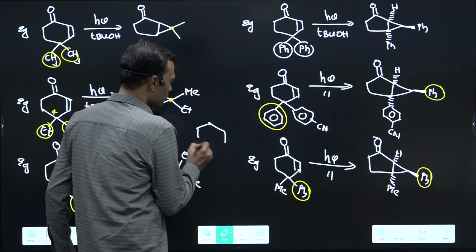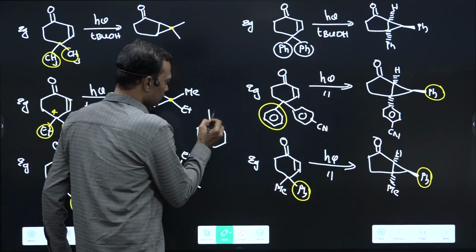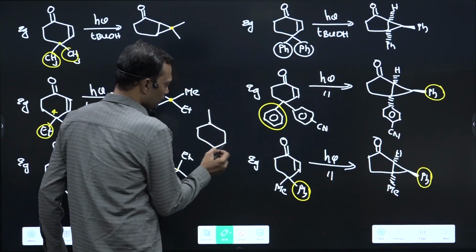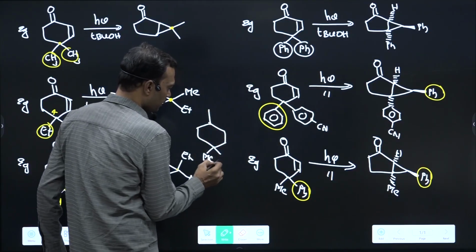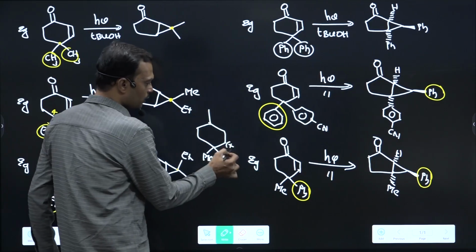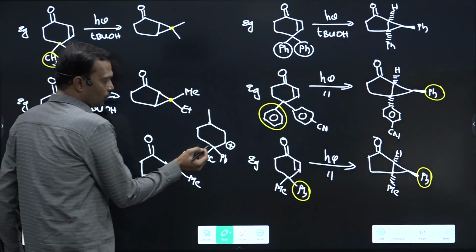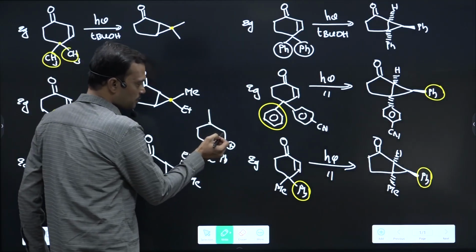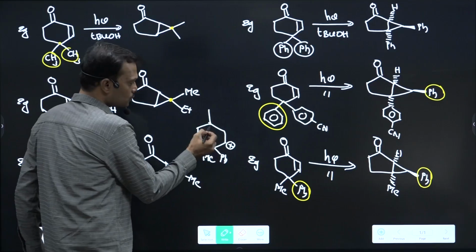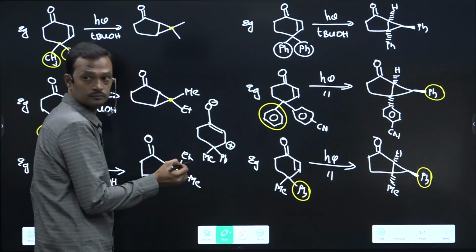What you are saying is right, but see, here two groups are present, methyl and phenyl. Now here you will get a carbocation. Initially you will get this intermediate. Now what happens, see, here a ring formation takes place, right? So initially you will get this one.